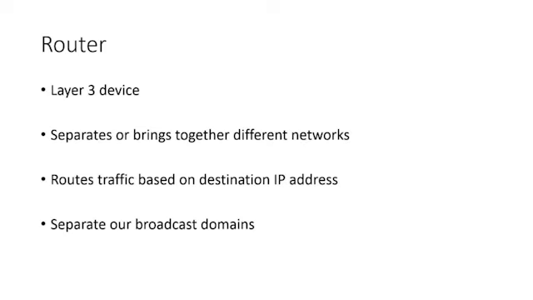Well, this router separates that traffic. Now, routers we can do a couple things with, all right? They route traffic based on destination IP addresses. We can also put security on a router. We can put what they call an access control list, kind of like the same thing we put on a firewall.